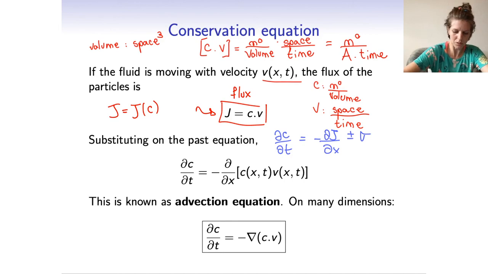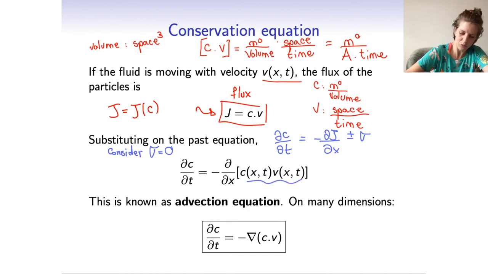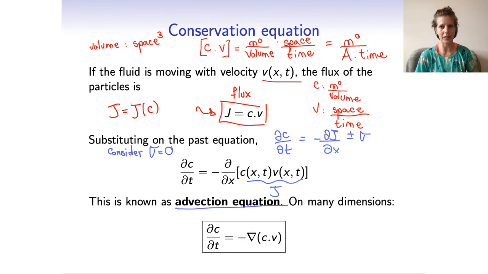Here I'm considering sigma equals 0, and if we substitute this relation for J, we get the advection equation, which is basically the same as the wave equation that we have seen before.